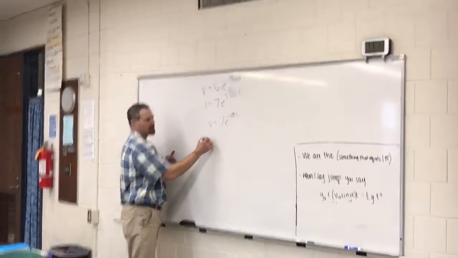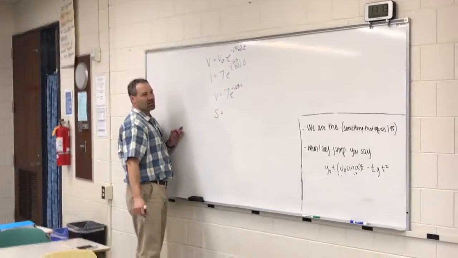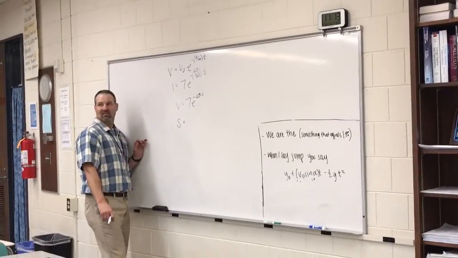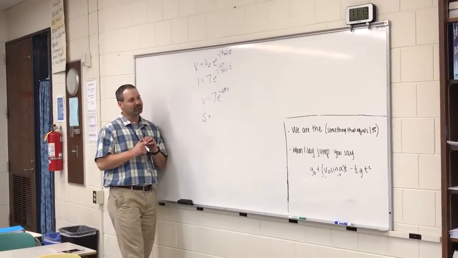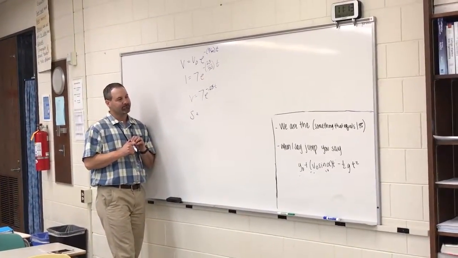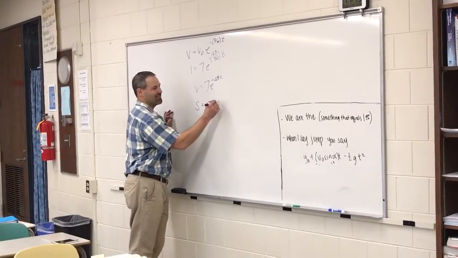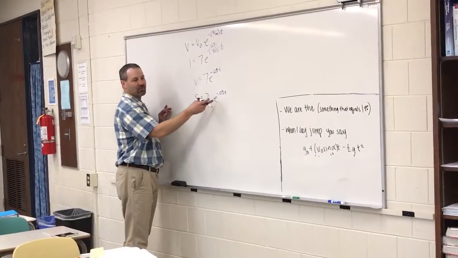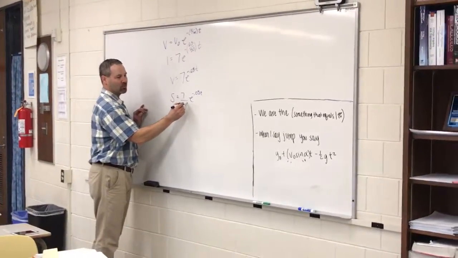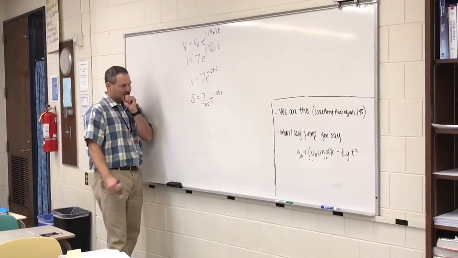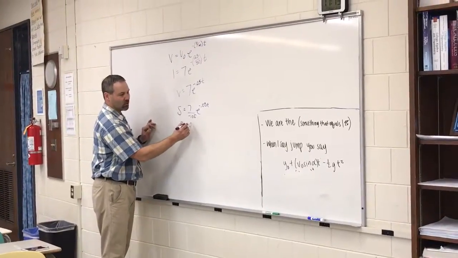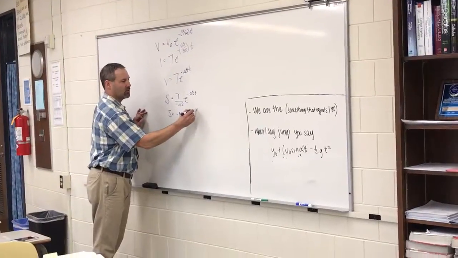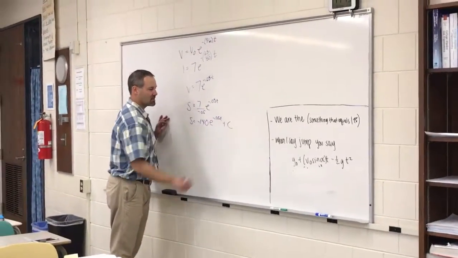So our distance, or our position, is the integral of that: 140 e to the negative 0.05t. That stays the same, and now we divide by negative 0.05. That's negative 140, yep. e to the negative 0.05t plus C.